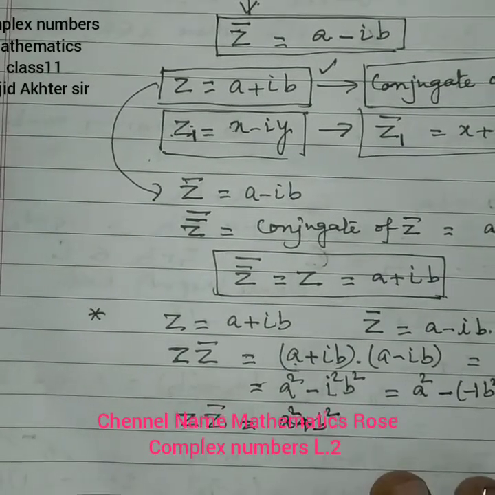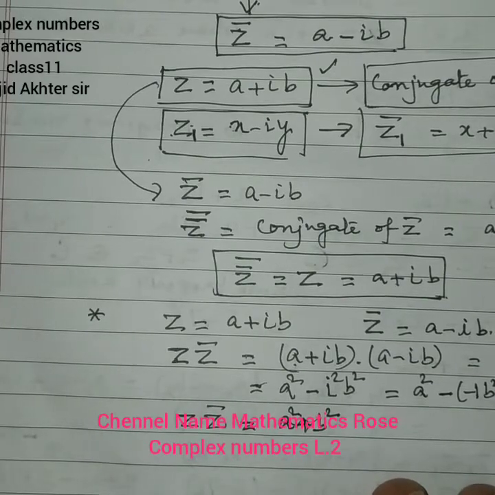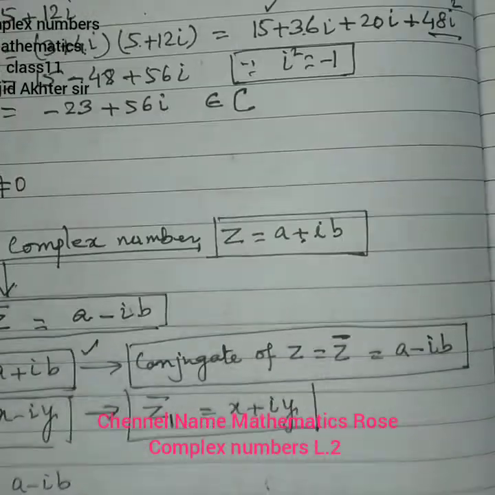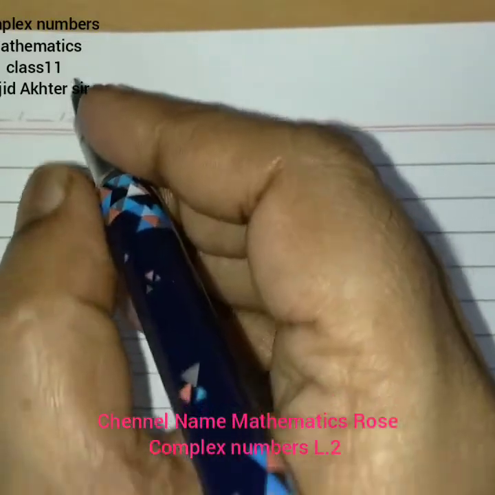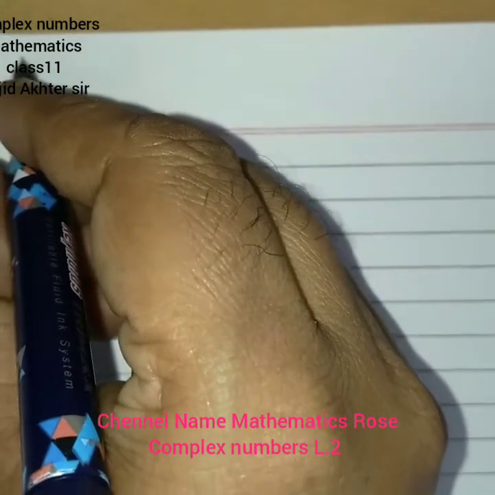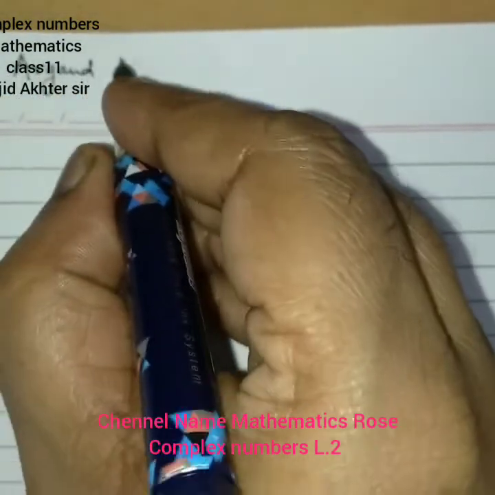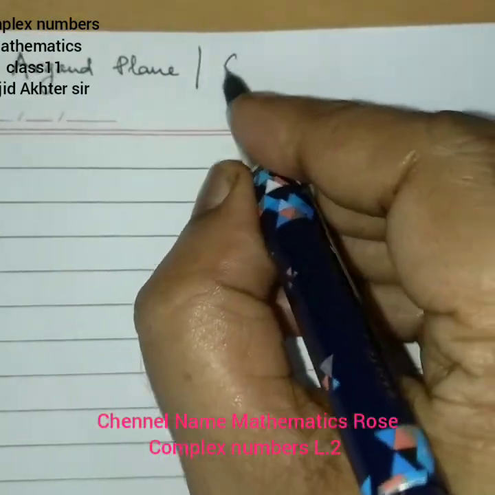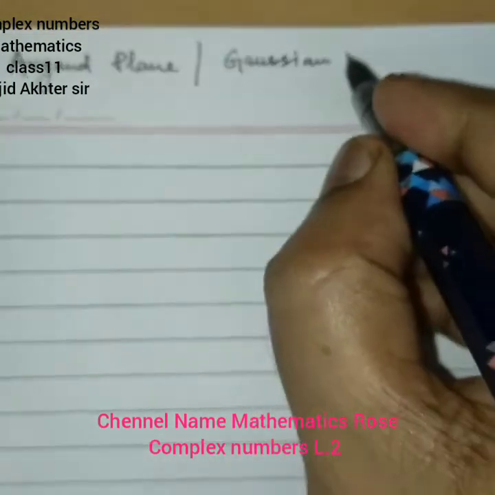Now we will see what is the modulus of complex number, and after that we will do the division of the complex number. So see here, the Argand plane, or it is also called Gaussian plane.